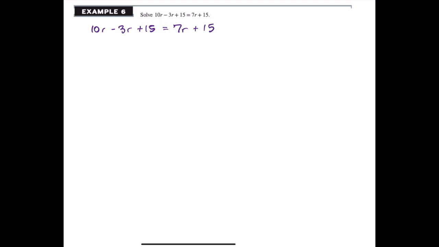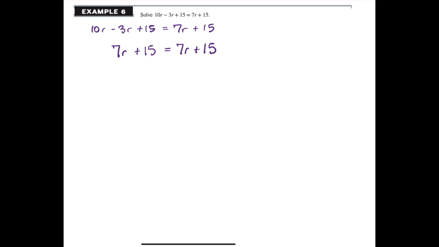Let's find out. Just go about solving it normally. Got some like terms on the left side. 10r minus 3r is 7r. 10 minus 3 is 7, plus 15 equals 7r plus 15. We have the same thing on both sides.